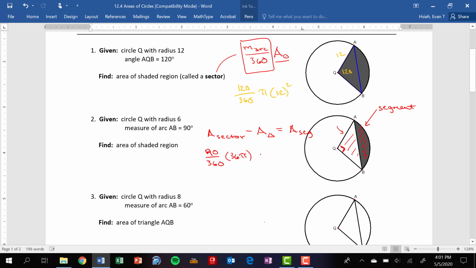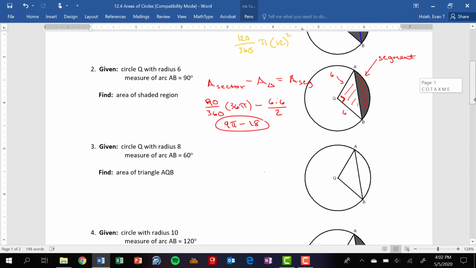And we're going to subtract the area of the triangle here. We know it's a right triangle with a radius of 6, and this side is 6, so we can just do 6 times 6 and divide that by 2. Base times height divided by 2. And simplify all this, I think we get 9 pi minus 18. And just leave it in that form. That's an exact answer, which we like.